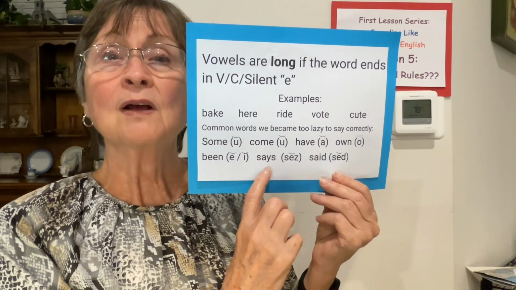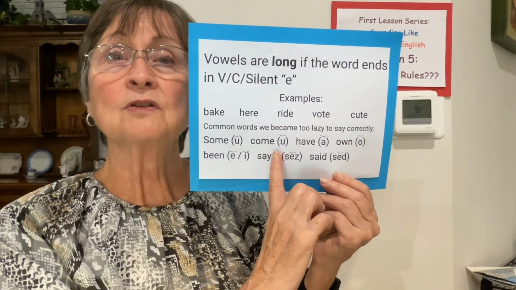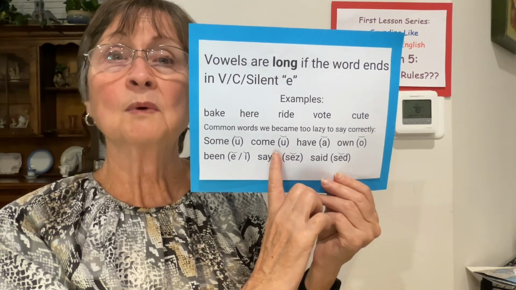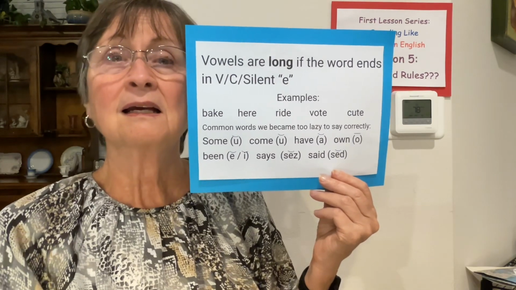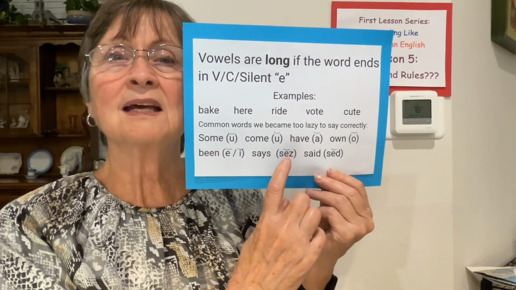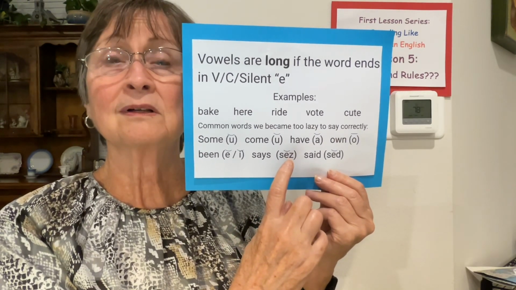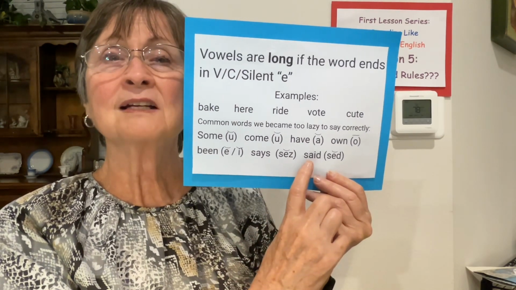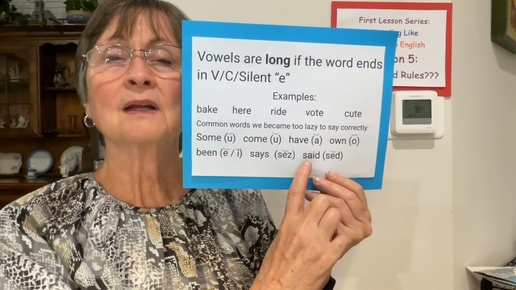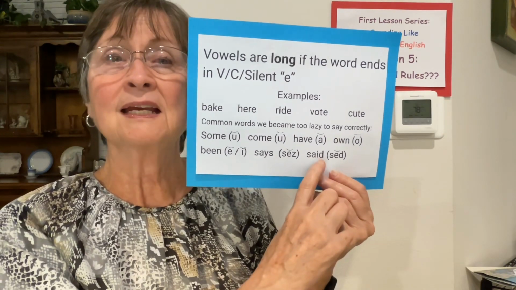The same thing, if you take the S off, it's the word say. But when we add the S, instead of saying "sayz," we just say "sez." It's easier. And the past tense of that verb is not "sayd."